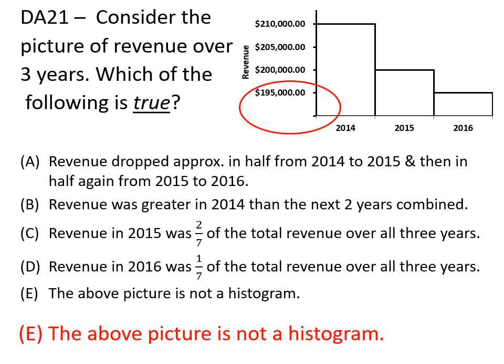This is a misleading graphic because we did not start the y-axis at 0. So it looks like there's a huge difference. Looks like we dropped by half from 2015 to 2016, but we really didn't. We dropped from 200,000 to 195,000. So we only dropped 5,000 in value. So this is a misleading graph. It is not a histogram.